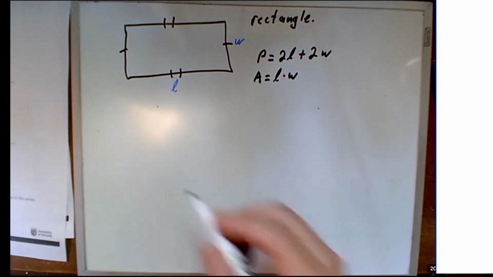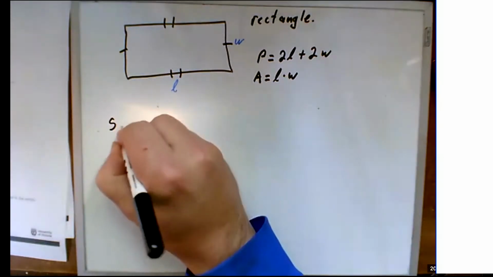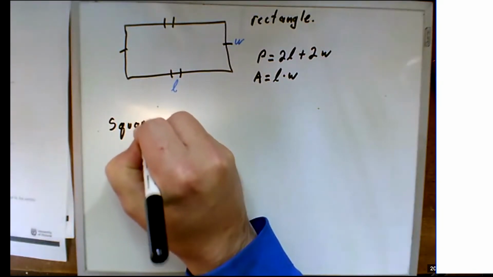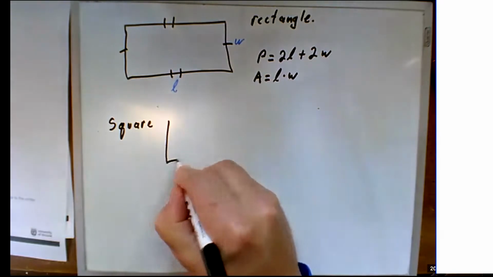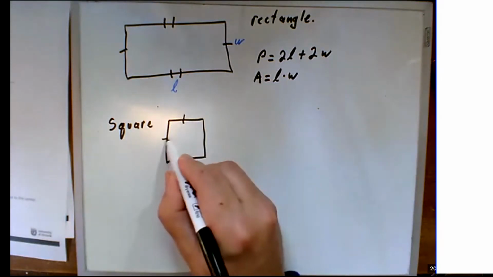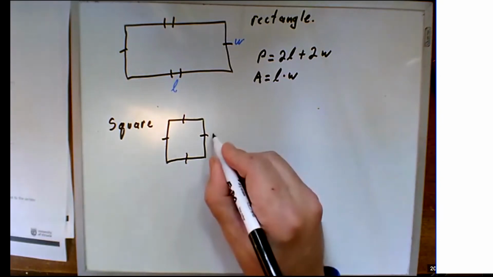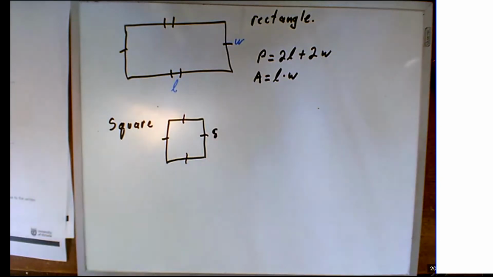Very similarly, we can look at a very special case of a rectangle, which in this case is going to be a square. What makes a square unique in the world of rectangles is that all 4 of their sides are exactly the same. So not one of them is going to be the length or the width. We'll just call them all S for side.